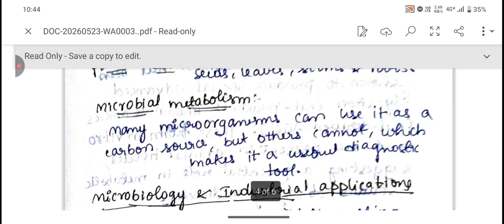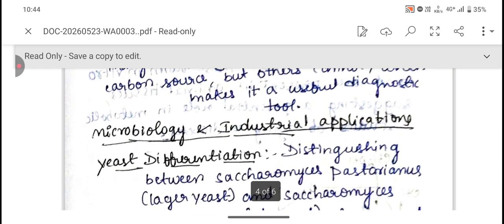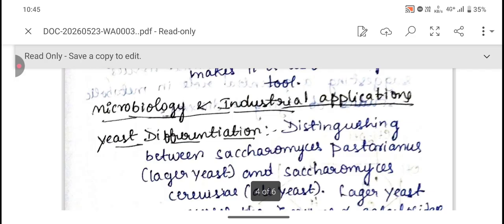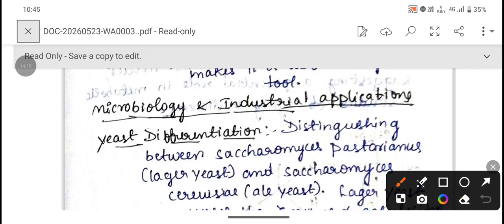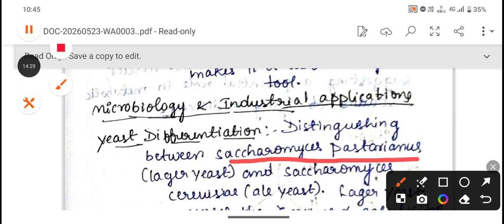The important industrial application of Melibiose is differentiation. In the case of yeast, there are two species which we need to distinguish: Saccharomyces pastorianus, also known as lager yeast, and Saccharomyces cerevisiae, which is an ale yeast.